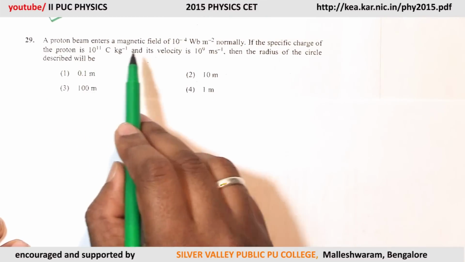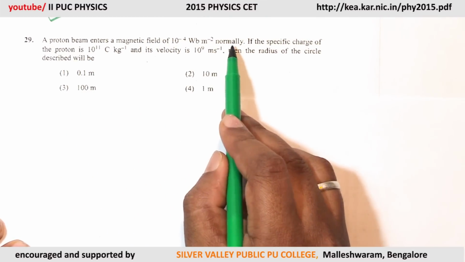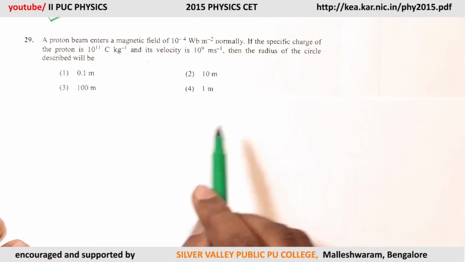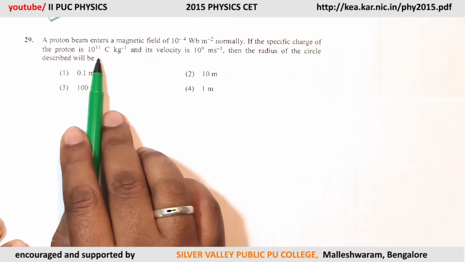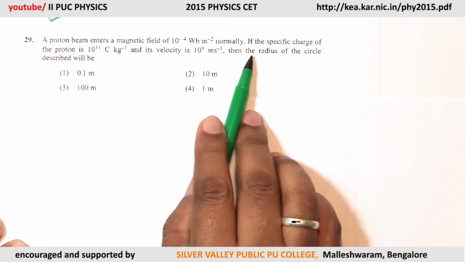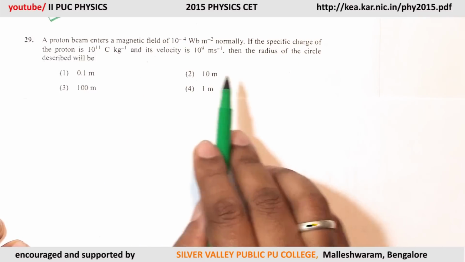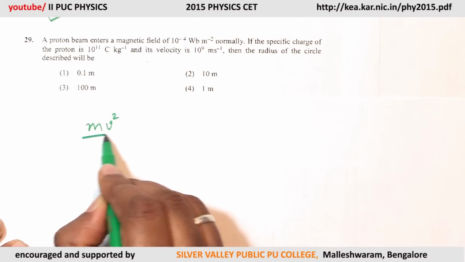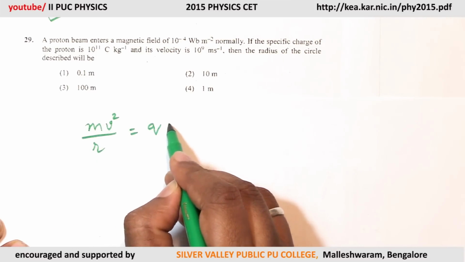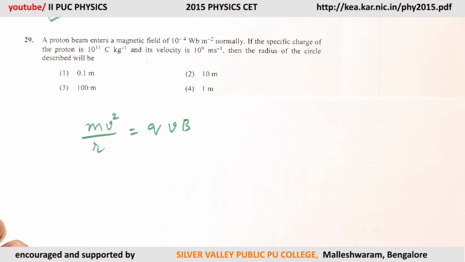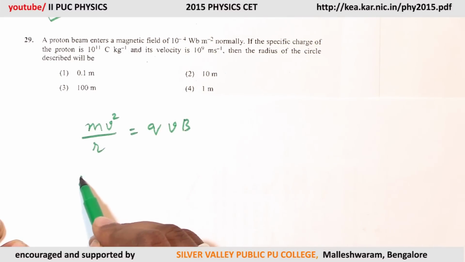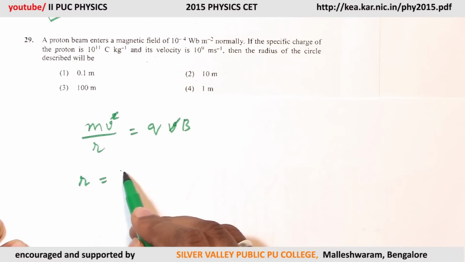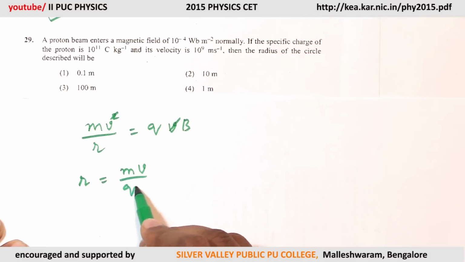A proton beam enters a magnetic field normally, means perpendicularly. Proton beam will describe a circular path. If the specific charge of proton is given, velocity, then radius of the circle described will be, centripetal force is equal to QVB. Therefore, radius is equal to, V gets cancelled, mv by QB.